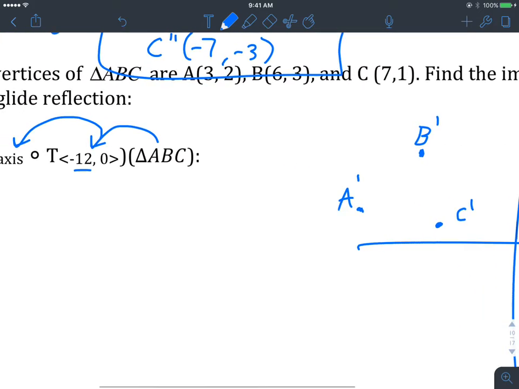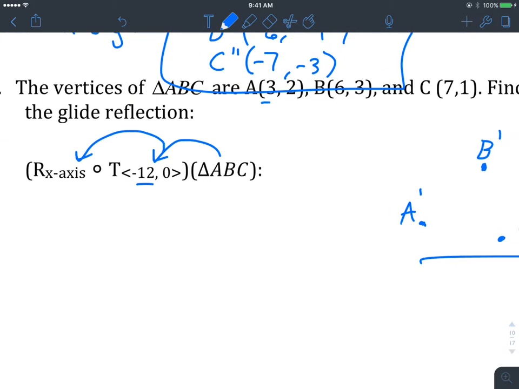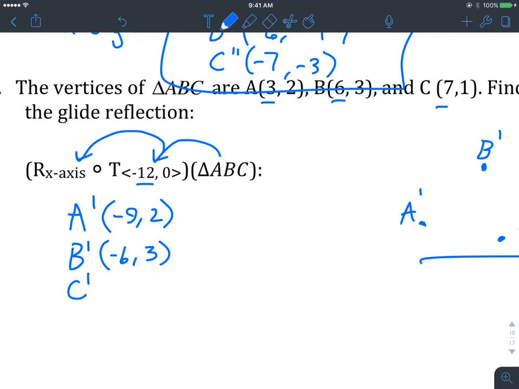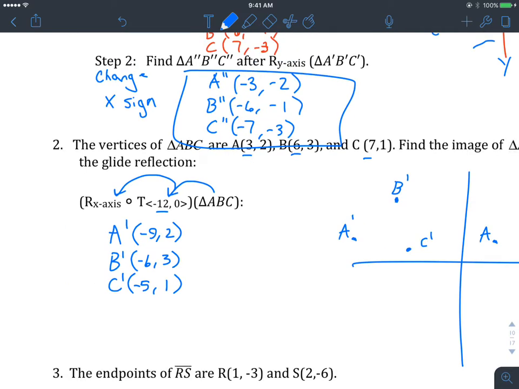Now, since we're moving it left 12 units, you're going to take each of these x values, and then you're going to subtract 12, just like we did before. So I'm going to write it down here. A prime, that's going to be, and then we need to do 3 minus 12, so that should be -9. Okay, B prime, you're going to subtract 12, that'll be -6, and then comma 3. And then C prime, subtract 12 from that, I think that'll be -5. So -5, comma 1 for those points right there.